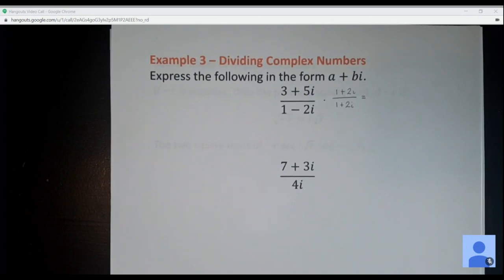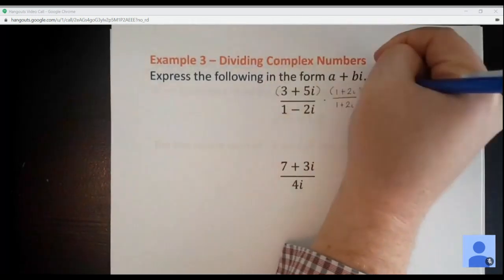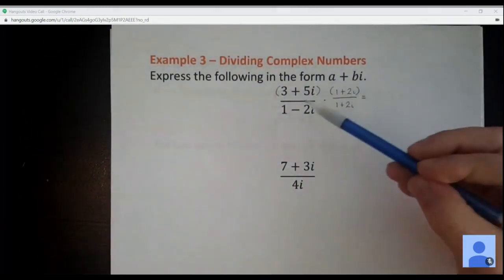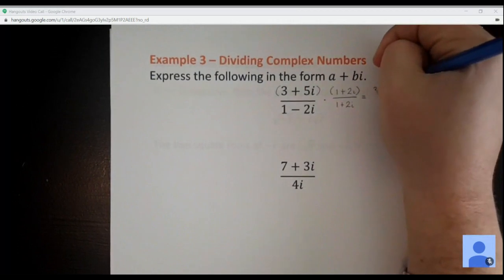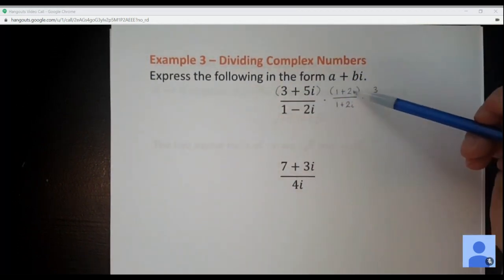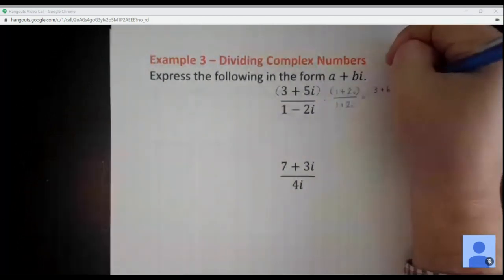Now, this is one of those cases where we're going to have to use FOIL because we're multiplying a complex number times another complex number. So if you want to, we can group these together. And so now if we use FOIL, we're going to start here with 3 times the 1. So that's going to give us 3. Then we can do our outer terms. 3 times 2i is going to be a positive 6i.